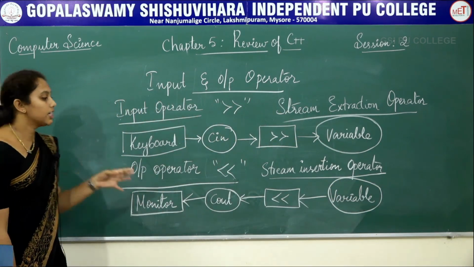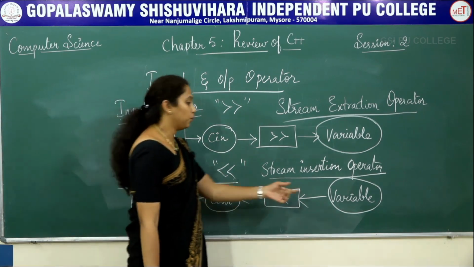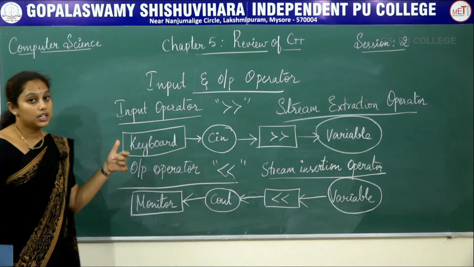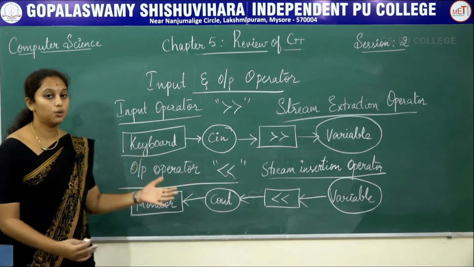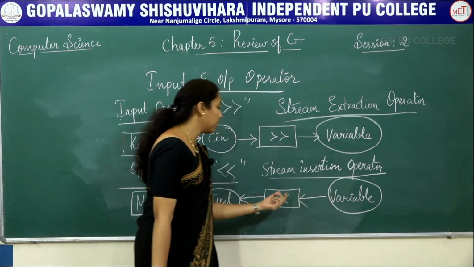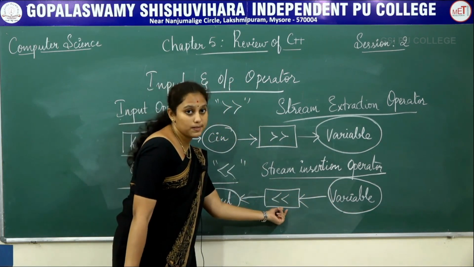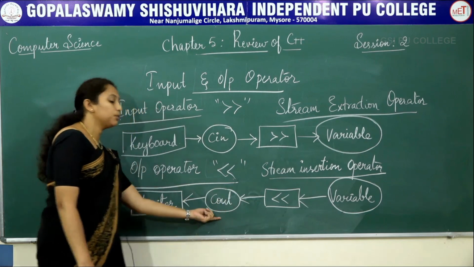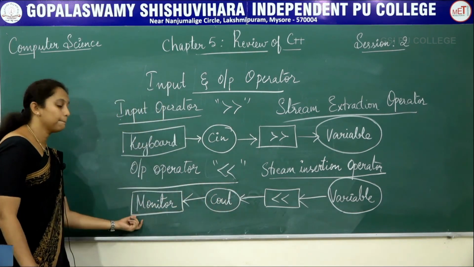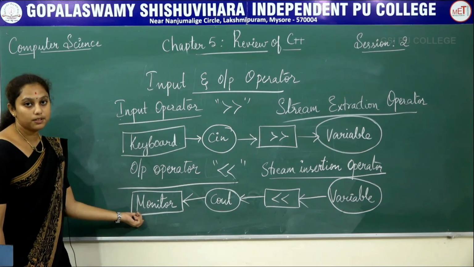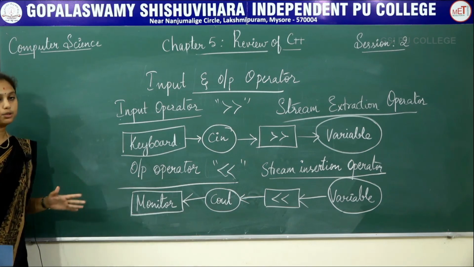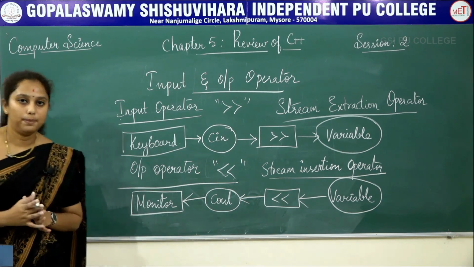We are displaying the value of the variable which is extracted from the input device using this stream insertion operator, followed by the cout object, followed by the standard output device, that is the monitor. So this is about input and output operators.